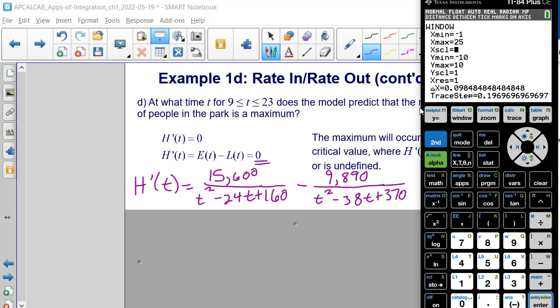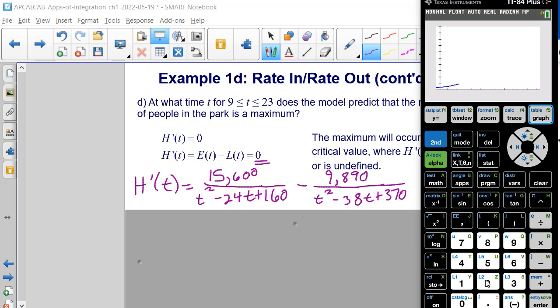And I'll make the x scale be 2. And then y minimum, I'll keep at -10. But let's try making our y maximum at, say, 2,000. And let's make the y scale be every 200. Let's see what that does.